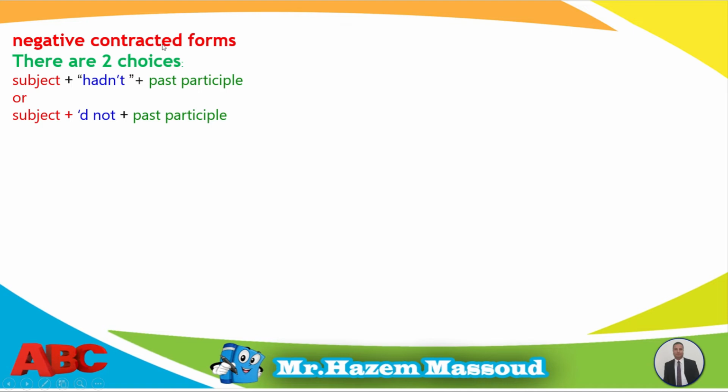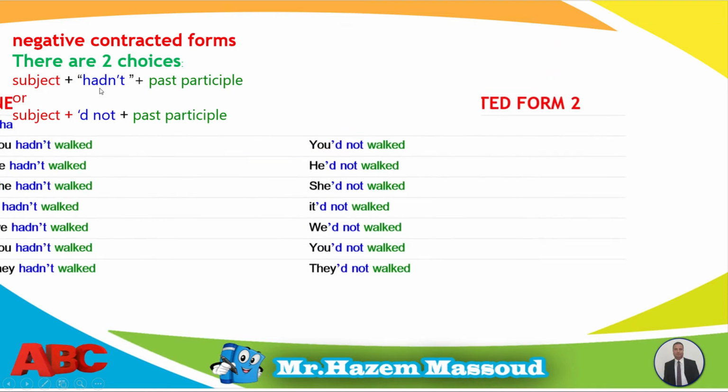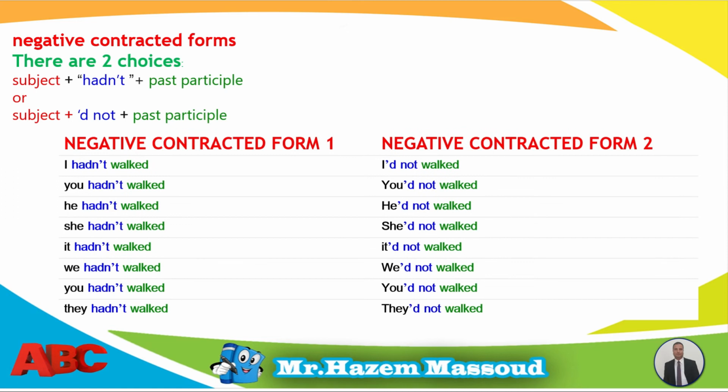And in a contracted form, there are two choices: subject plus had plus n apostrophe t plus the past participle, or subject plus apostrophe D plus the word not plus the past participle, but the first is better than the second. This is the first form and this is the second form.